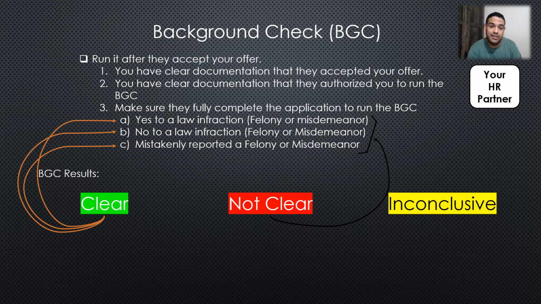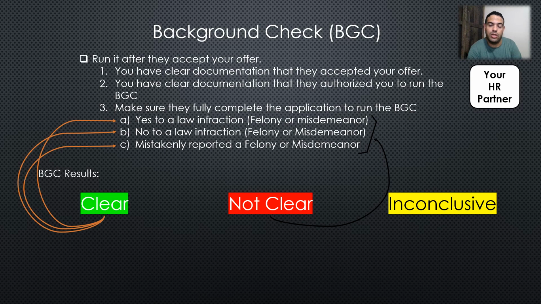If they said, yes, I did have some law infraction, it was this, it was that, and they tell you the story, and pretty much you found the same story or very similar in the report, then you do want to make a decision as to, do you want to move forward and offer them the job, or do you want to pause and not offer them the job? If you don't want to offer them the job, you do want to make sure that you justify your reason.